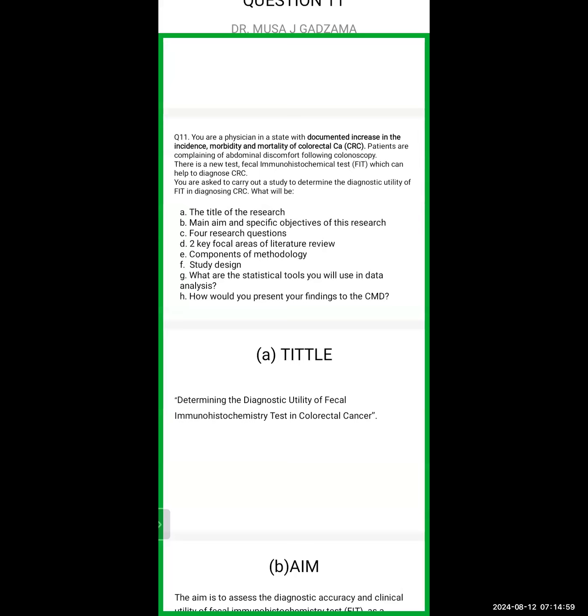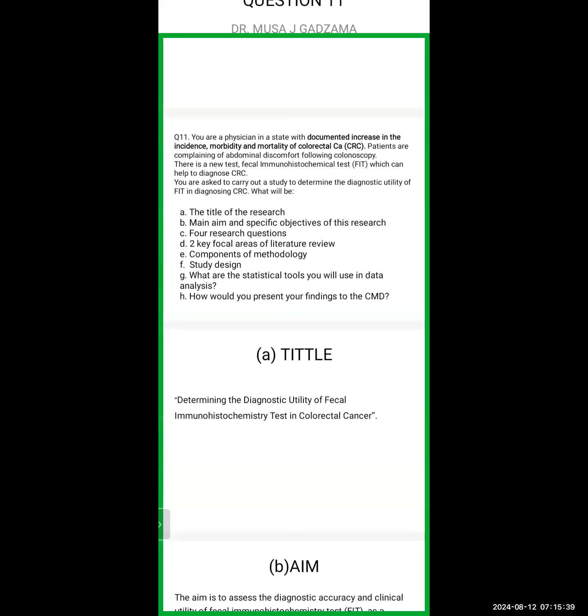Because my concern is, if you look at the objectives, they are trying to compare colonoscopy with FIT. But if you look at the title of the research, it's limited only to diagnosis using the FIT. So can we make it determining the diagnostic accuracy and clinical relevance and diagnostic utility or advantage of fecal immunochemical test in diagnosis of colorectal cancer?